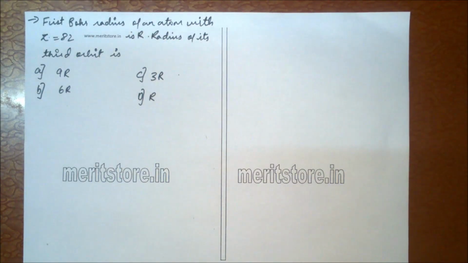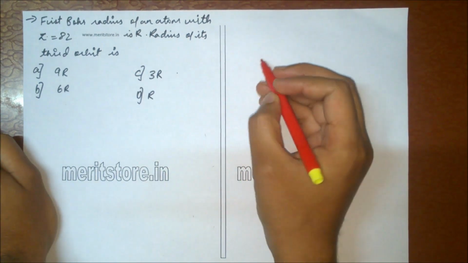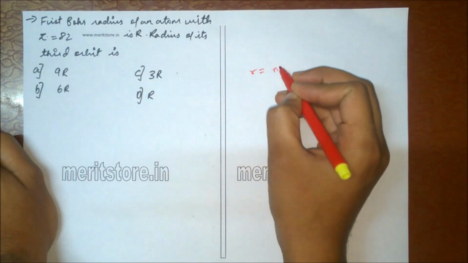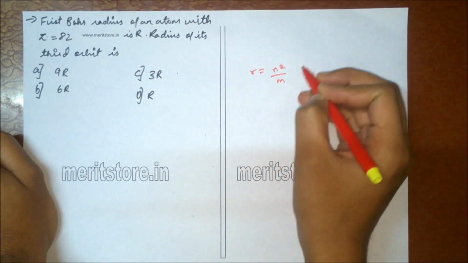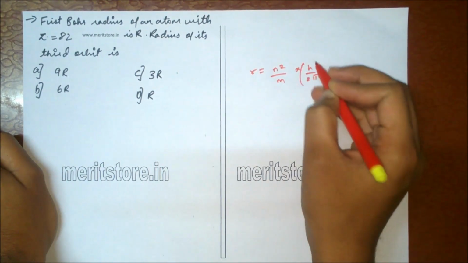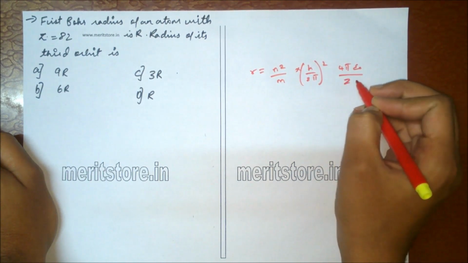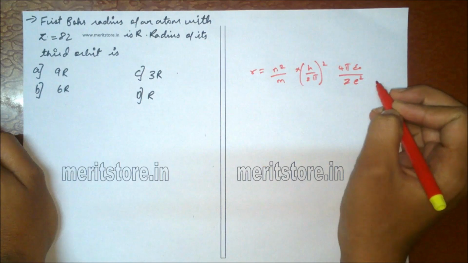The first Bohr radius of an atom with Z equal to 82 is R. Radius of its third orbit is A 9R, C 3R, B 6R, D only R. We know that the formula for radius is r equal to n square upon m into h upon 2 pi the whole square into 4 pi epsilon 0 upon z e square.